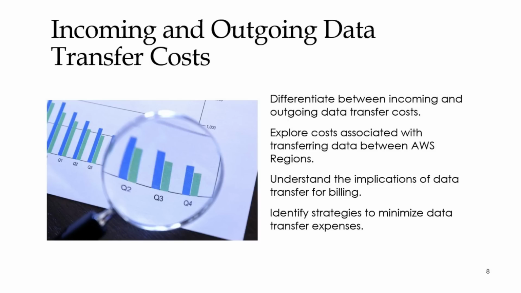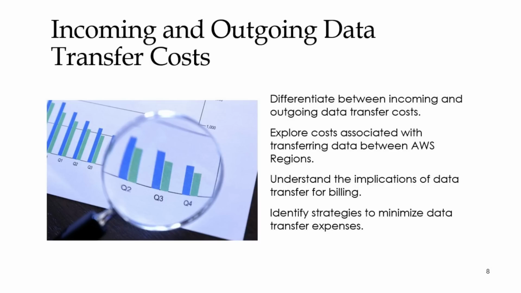However, outgoing data transfers, or data transferred out of AWS to the internet, are charged. These charges can vary widely. The pricing for data transfer out of AWS varies depending on the amount of data transferred, the destination, and the AWS service you're using. It's important to understand these variables.